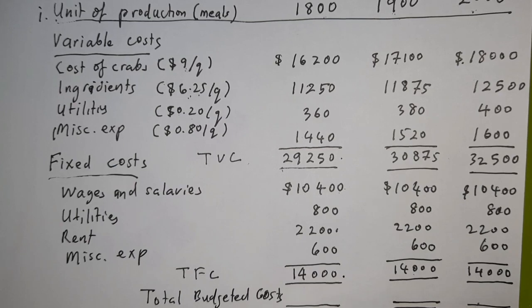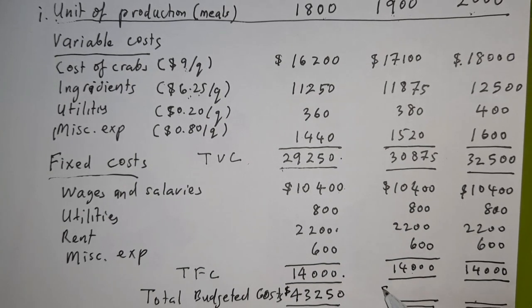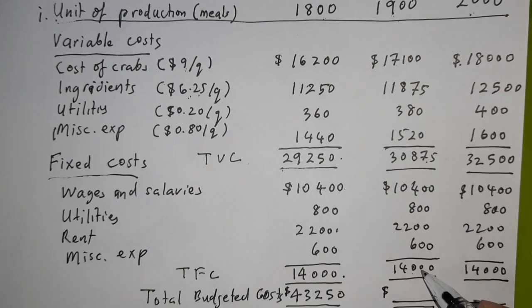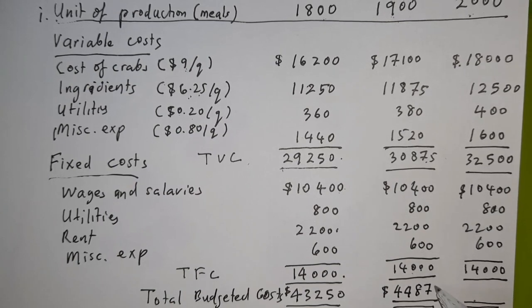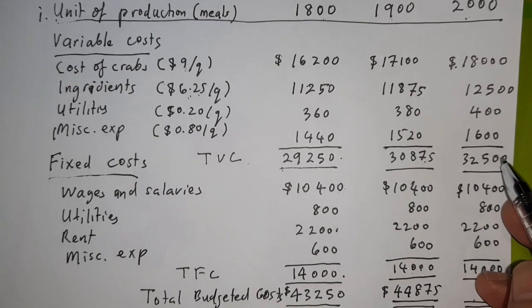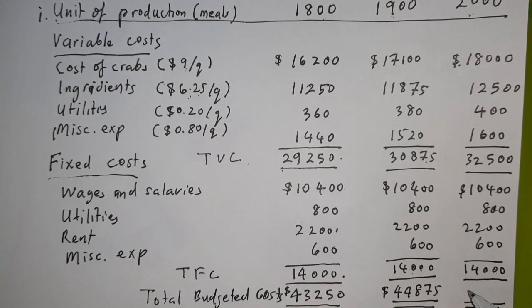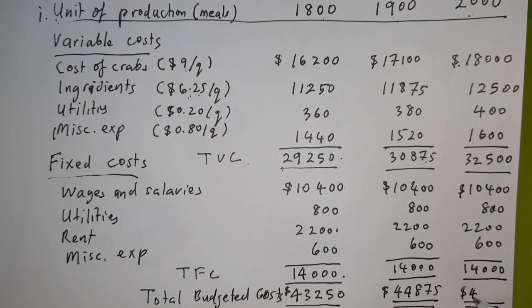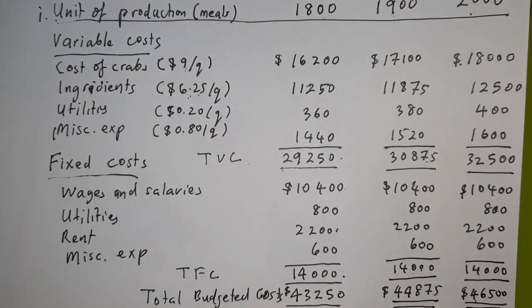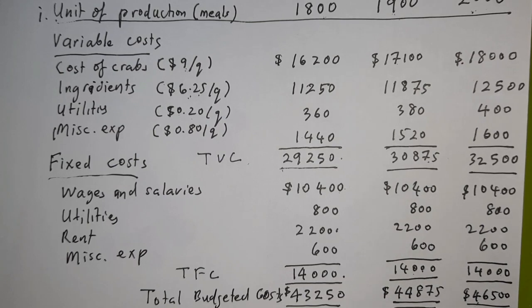So you will get 43,250. This one, you add total variable cost and total fixed cost, you will get 44,875. This one, total variable cost for 2,000 meals plus total fixed cost, you will get 46,500. Okay, this is the way to prepare a flexible budget.